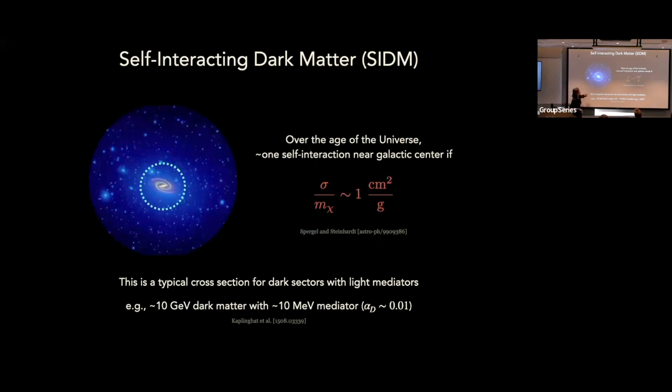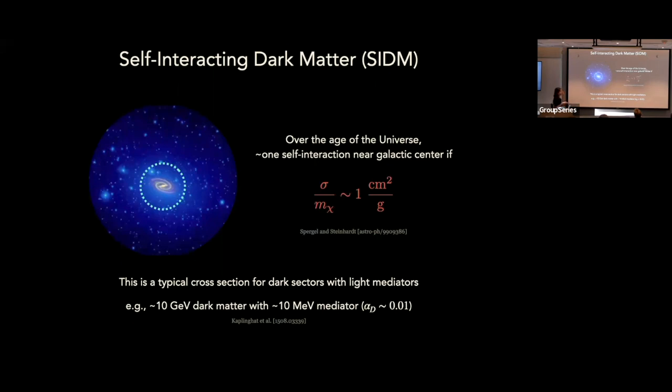So you can say, if I look in the center part of a galaxy, and I want there to be at least one dark matter particle that scatters off another dark matter particle over the age of the universe, that will happen if I have an interaction cross-section that's about 1 centimeter squared per gram. So that was the target that they set in that paper.